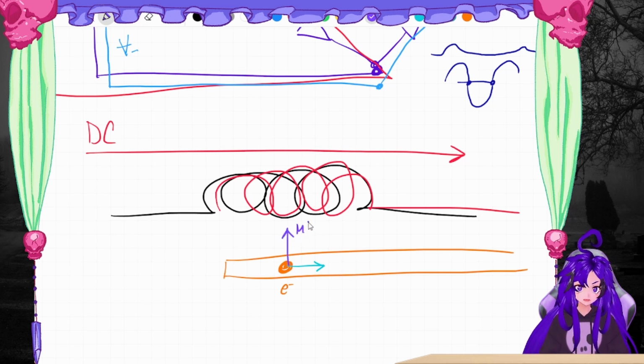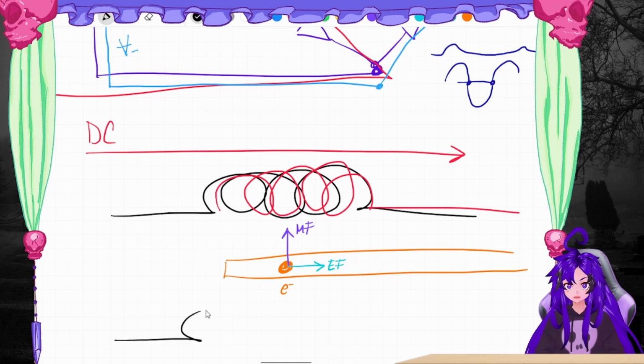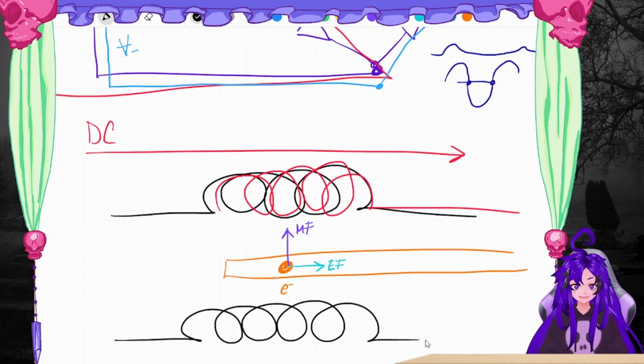So this is its magnetic force, and this is basically its electric force. They're going like this. And as long as it keeps going in the same direction, this little guy's fine. This little guy's happy. Nothing weird happens at all. But if you're on AC, you're not going in the same direction all the time, because half the wave we're going this way and half the wave we're going that way.